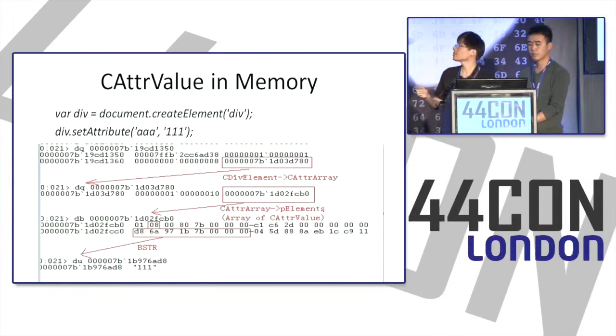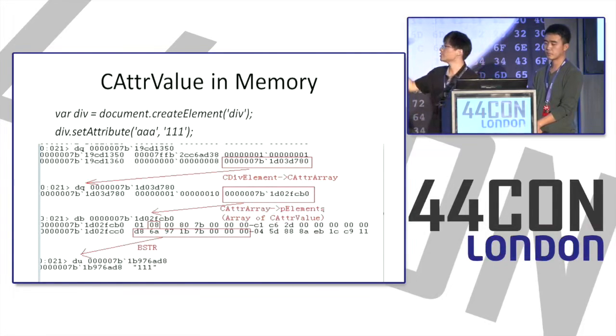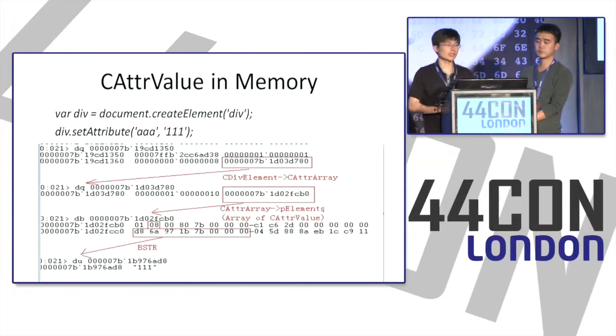If we dump the first attribute value in the array, we can see it is exactly the one we just set using JavaScript. The type of this object is 8, which indicates it's a string, and it contains a pointer to the string data.